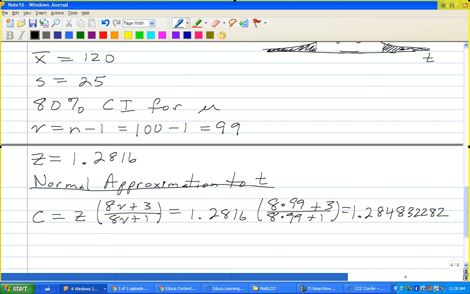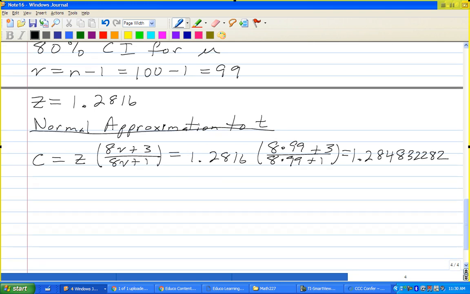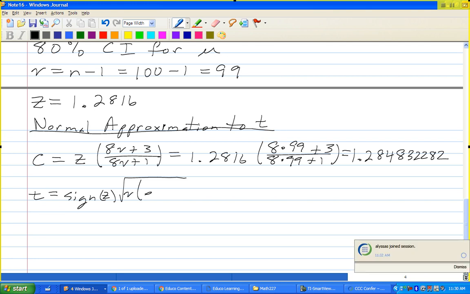Okay, so now let's plug that into my formula. So I have that t is equal to the sign of z times the square root of ν times e to the c squared over ν minus 1.